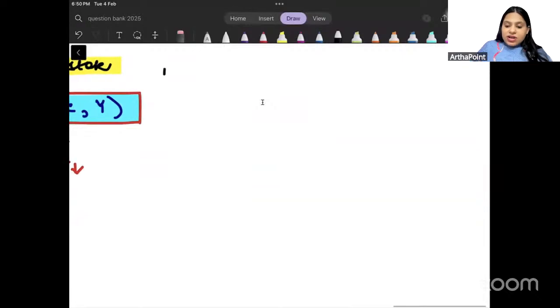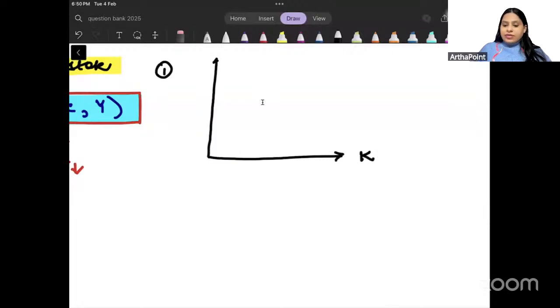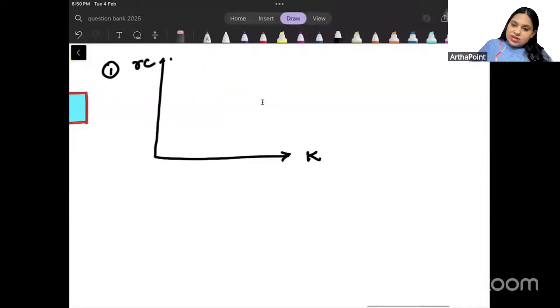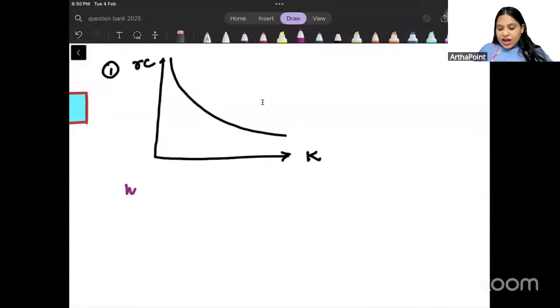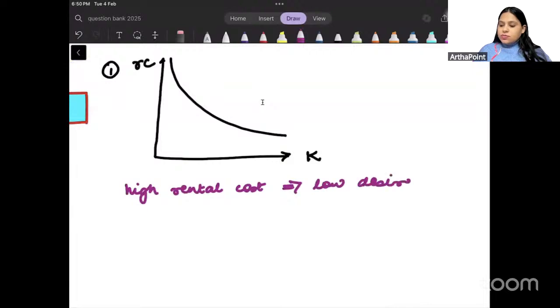The first relationship is that अगर हम यहाँ पे capital stock ले लें, right, and we take rental cost of capital here, so this is a diminishing relationship. What does this show? This shows that if there is high rental cost, right, then there will be low desired capital stock.